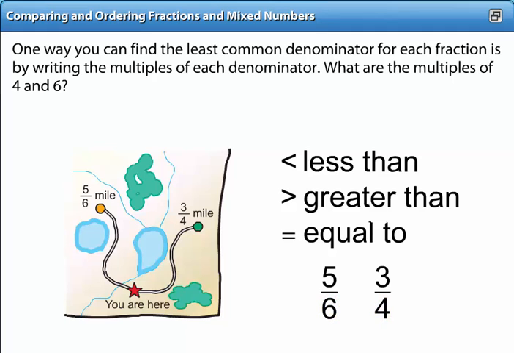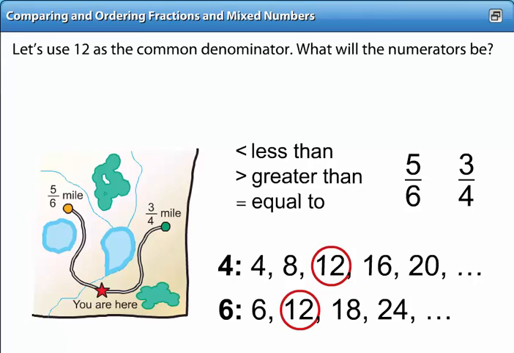One way you can find the least common denominator for each fraction is by writing the multiples of each denominator. What are the multiples of 4 and 6? Let's use 12 as the common denominator. What will the numerators be?